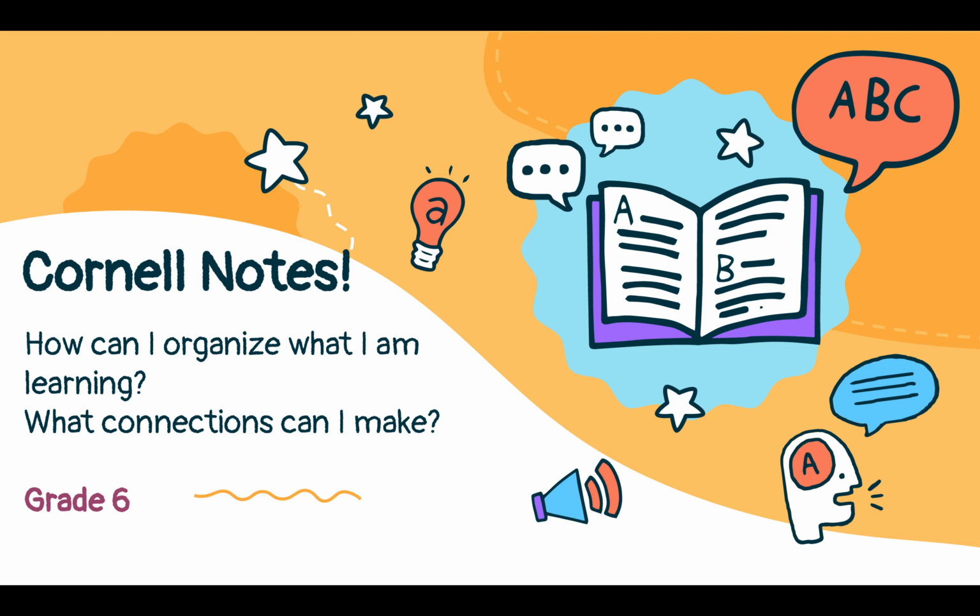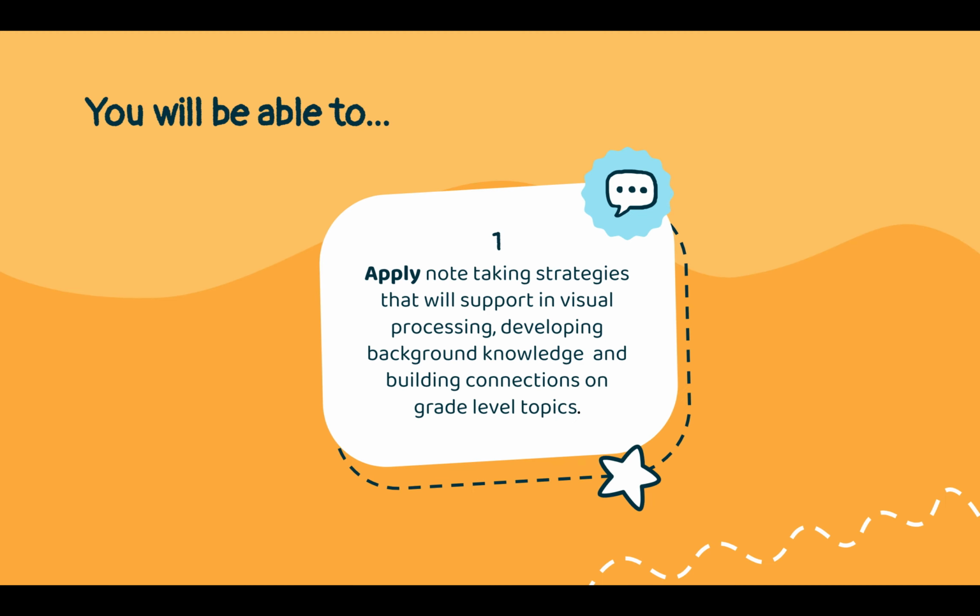This strategy will also help us make connections between what we know and what we are learning. Using this strategy, you will be able to support your visual processing, develop background knowledge, and build connections on the topics that you are learning in the 6th grade.